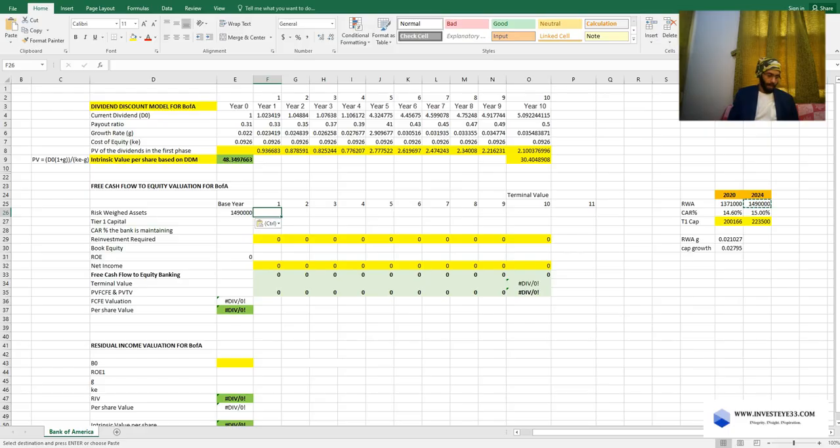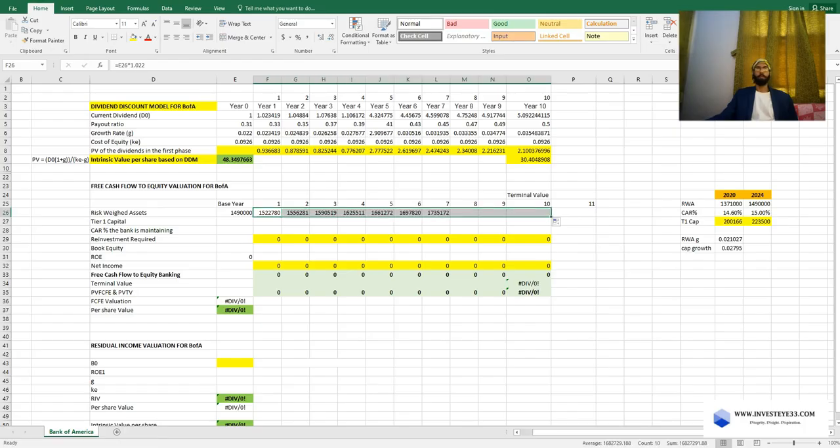So I multiply this number with 1.022. That is, I consider a growth rate of 2.2%. This becomes 1,522,780. And I just project it till the 10th year, and I get the numbers of risk-weighted assets for the next 10 years like this.